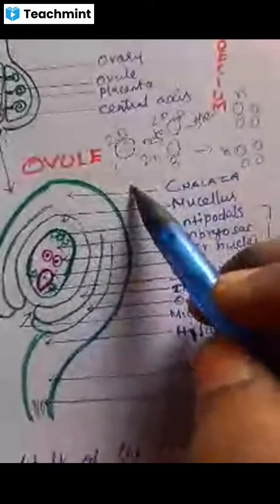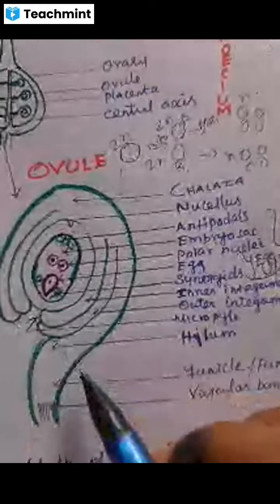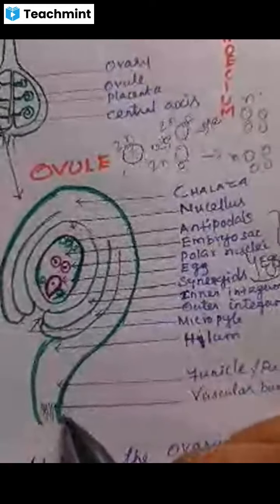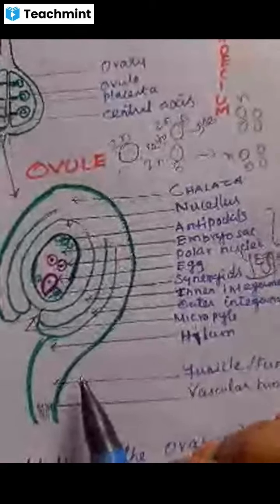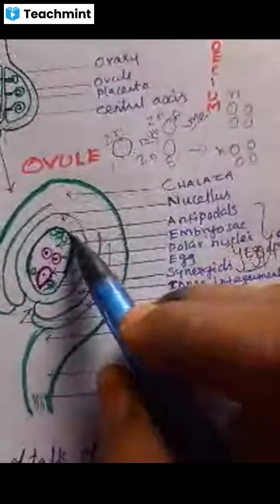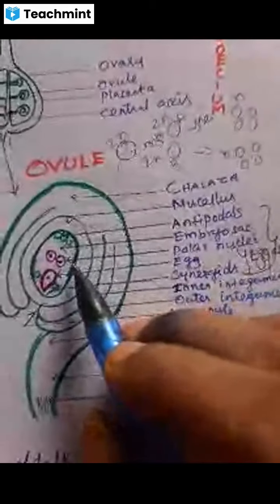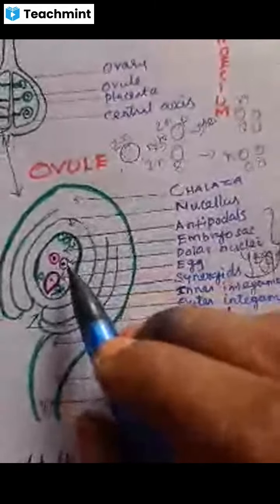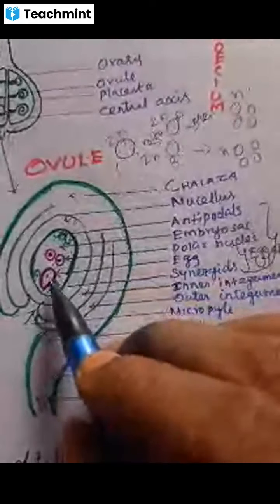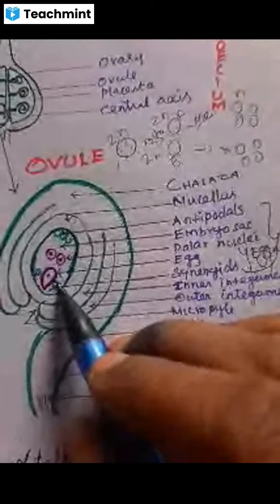Here, the chalaza, nucellus, hilum, micropyle, funiculus, vasculature are the parts of the ovary. Whereas the egg apparatus, embryo sac on the whole, egg apparatus, antipodals, polar nuclei, egg and synergids. Egg and synergids only are called the egg apparatus.